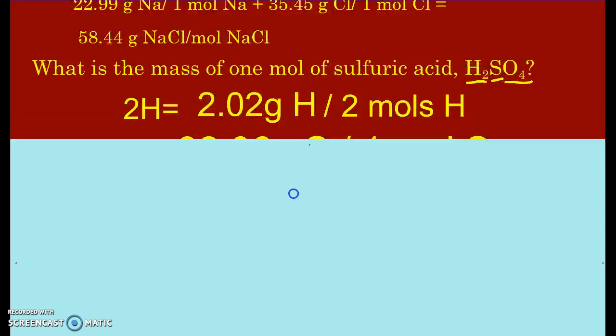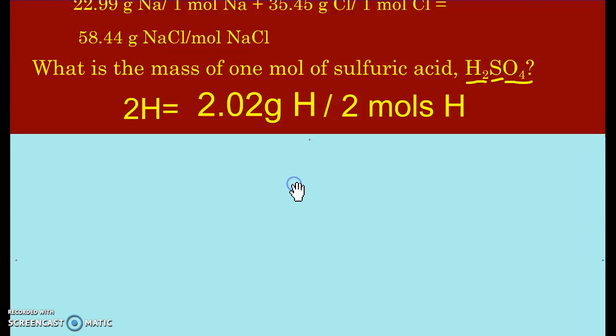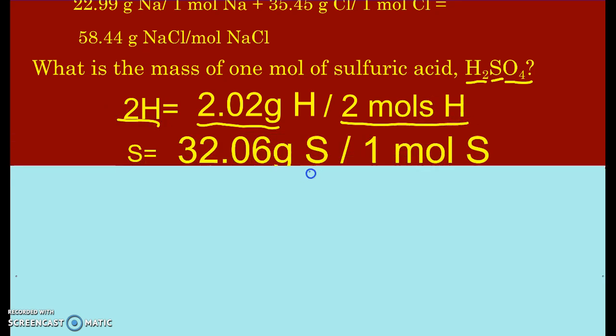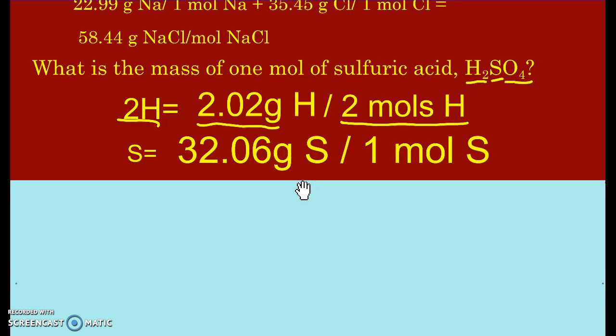So it should look something like this. 2 hydrogen, so there are 2.02 grams in 2 moles of hydrogen, right, because of this. Sulfur is 32.06 grams in 1 mole, because there's only 1 sulfur in the formula.